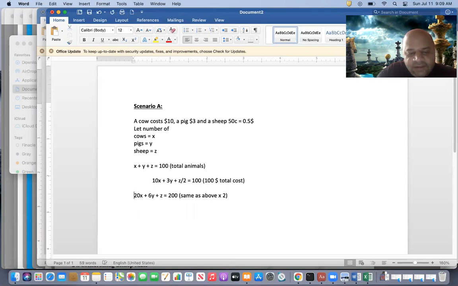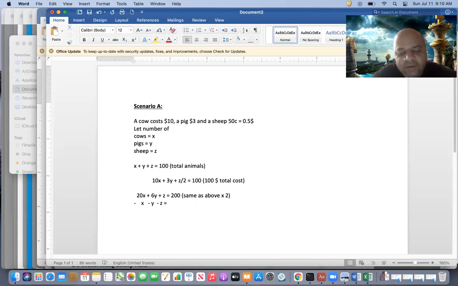So we say minus, what is that? X. So 20X minus X. Everything will become minus Z is equal to 200 minus 100.